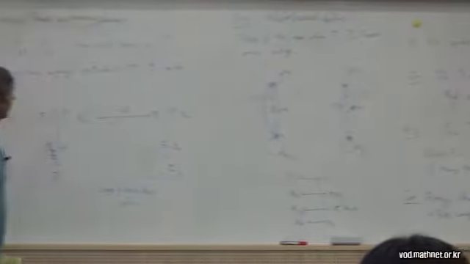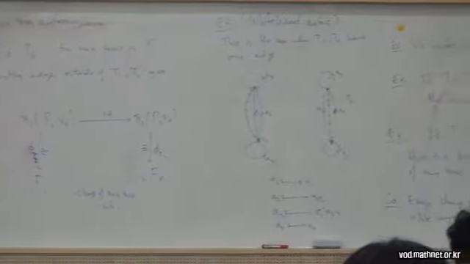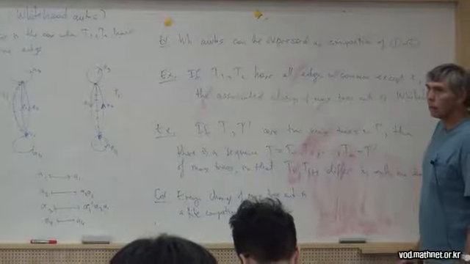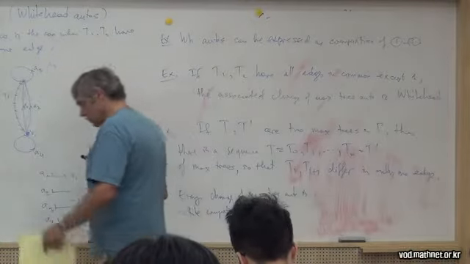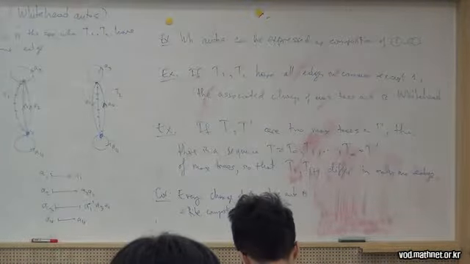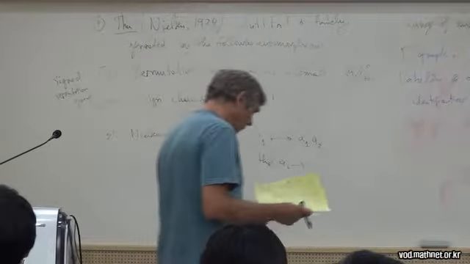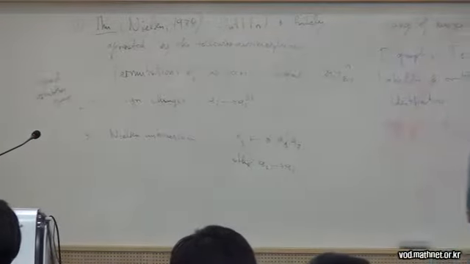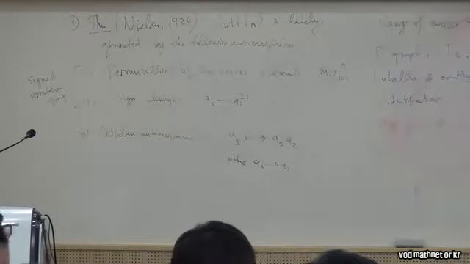Those are Whitehead automorphisms, and these Whitehead automorphisms are also compositions of types 1 to 3. All right, so now we're more or less ready for Nielsen's theorem. Are there any questions here?